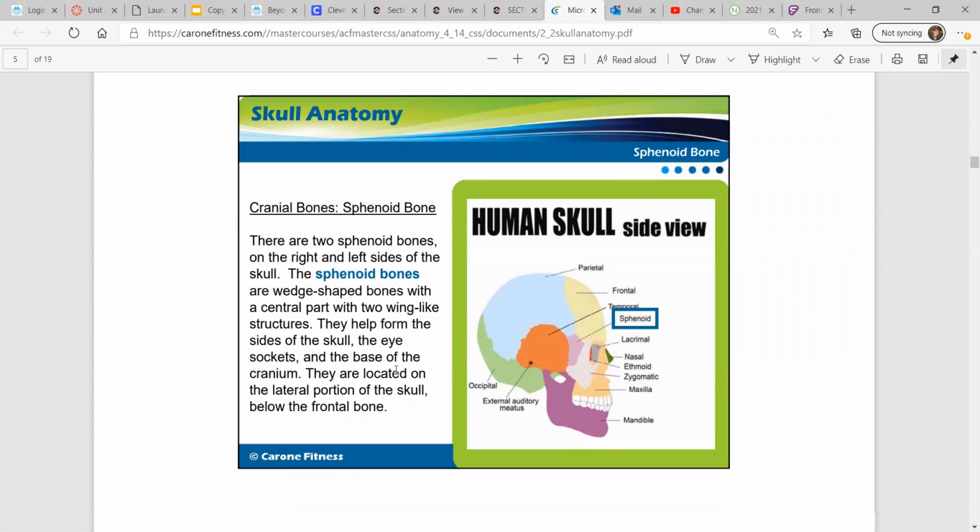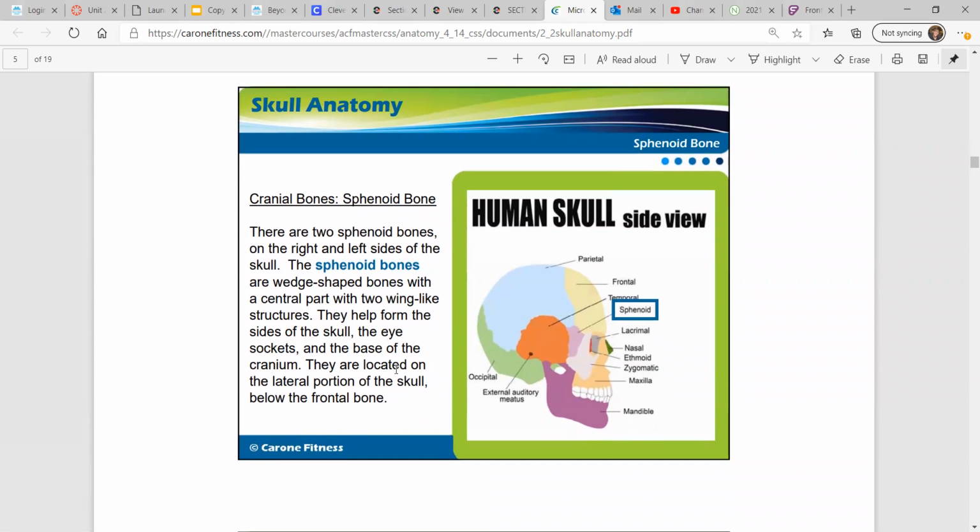They help form the sides of the skull, the eye sockets, and the base of the cranium. They are located on the lateral portion, lateral meaning side portion of the skull, and they're below the frontal bone. So see where it is in relation to everything else we're talking about, right there.